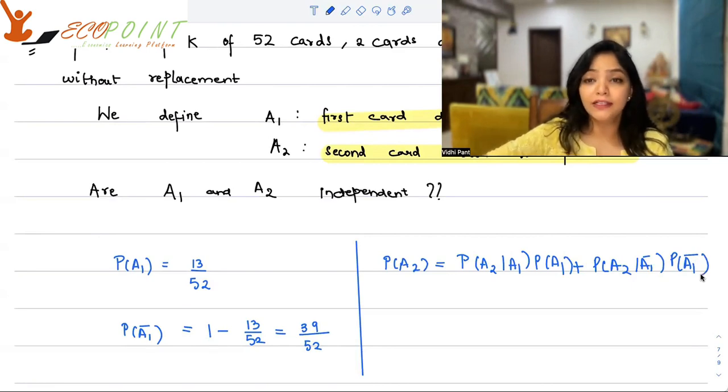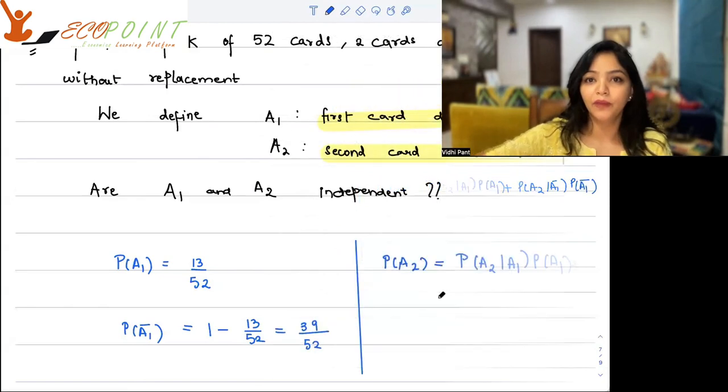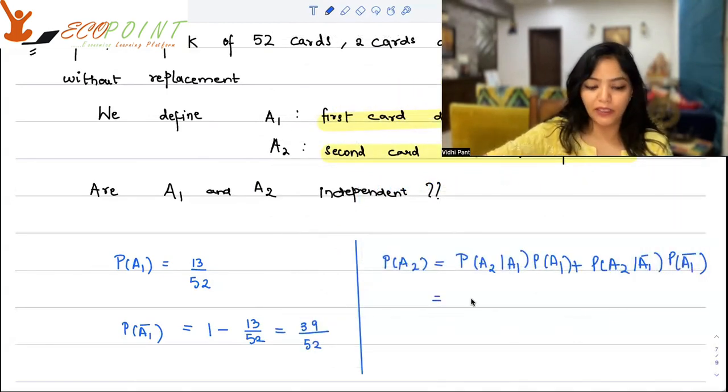That is the total probability under the situation where you did get a spade or you did not get a spade. Okay. So it will turn out to be 12 by 51. Why 12 by 51? Because in case in the first go you also got a spade, that means one spade is less now.